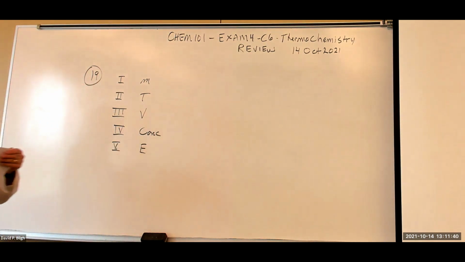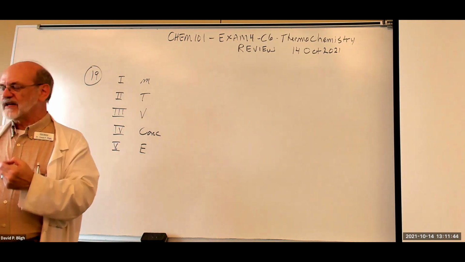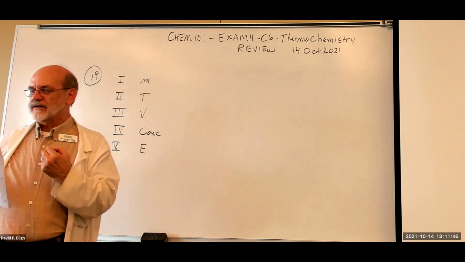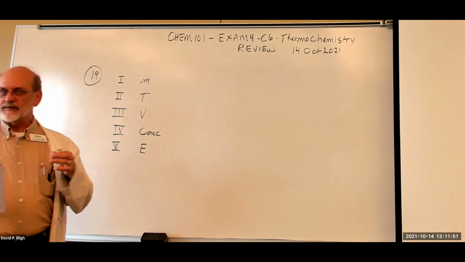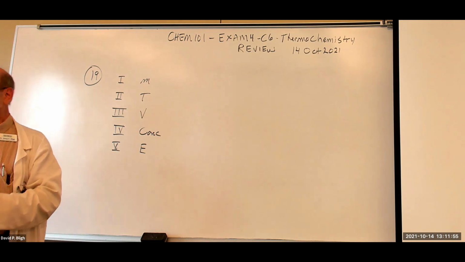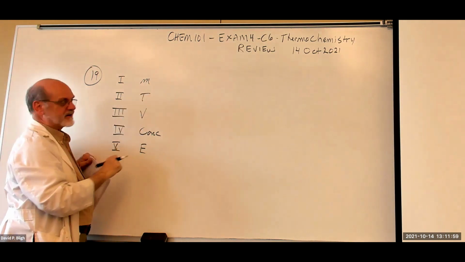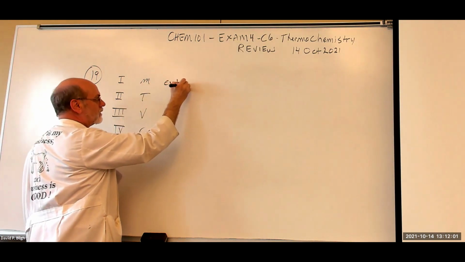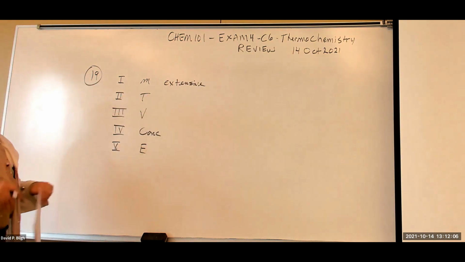Remember, what is an intensive property? It's any property of a substance that does not change with amount. How about mass? That's not intensive, that's extensive. The more substance you have, the more mass you have.